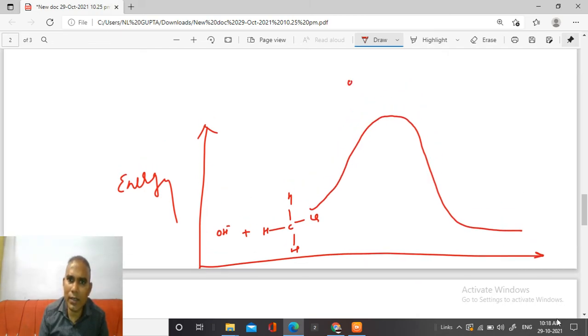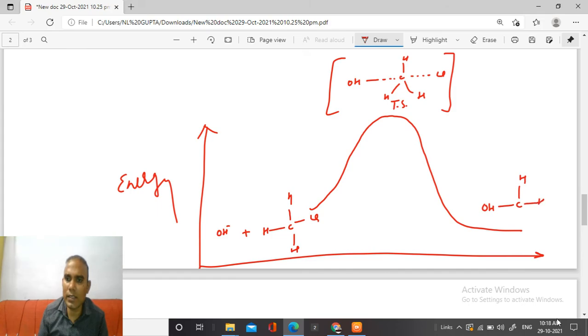See, students, the transition state is where OH minus is going to form the bond here, and this side is going to break. Upside is hydrogen, here is hydrogen, here is hydrogen. This is the transition state, students, or the intermediate state, with more energy. And finally, what will happen is OH-C, here is H, this is H, this is H, and here is Cl minus.